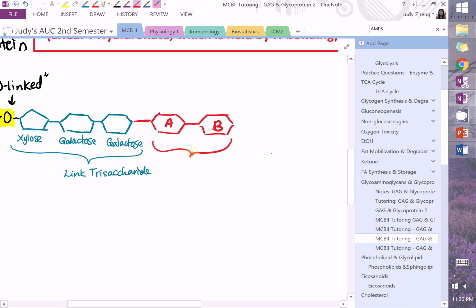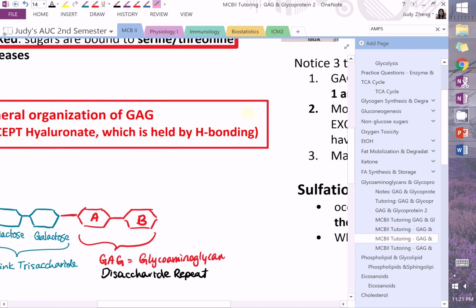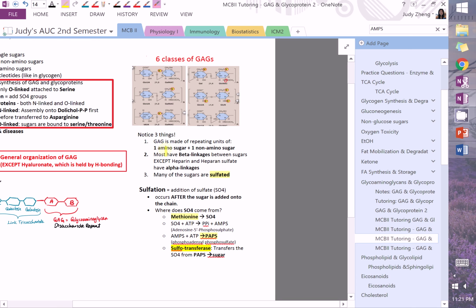And what GAG is, it's a disaccharide repeat, and it's composed of 1 amino sugar and 1 non-amino sugar.